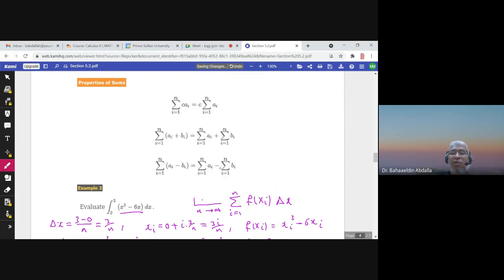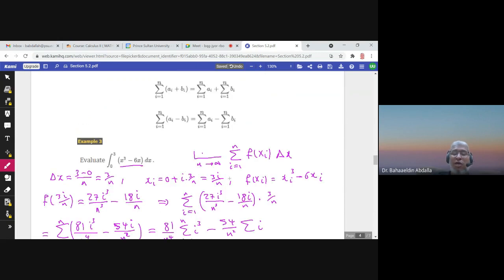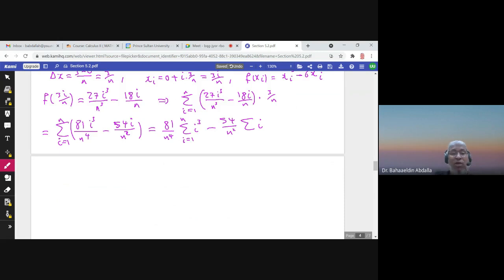Now I use these formulas for summation i cubed and summation i. So it would be equal to 81 over n to the power 4. Summation i cubed is (n times (n plus 1) over 2) to the power 2, minus 54 over n squared times summation i, which is n times (n plus 1) over 2.